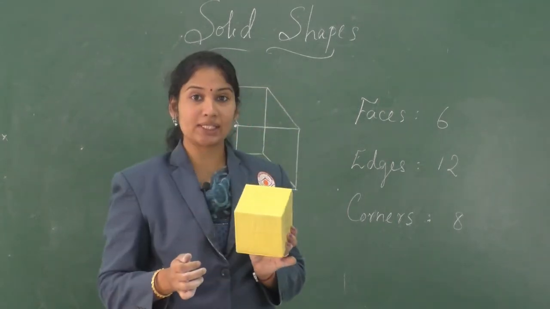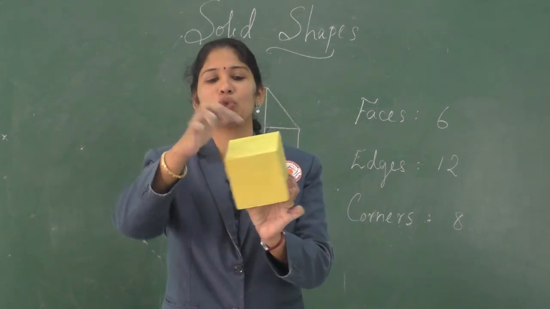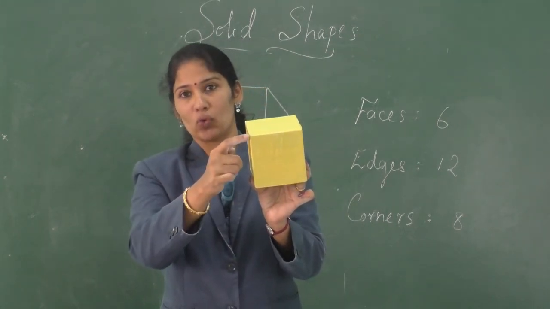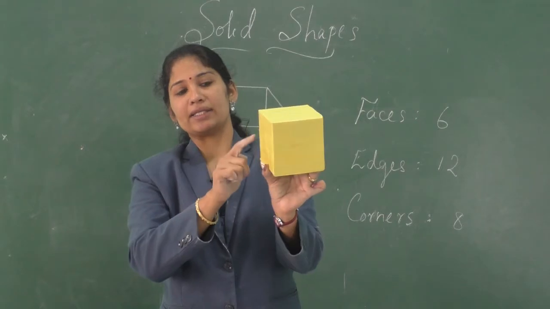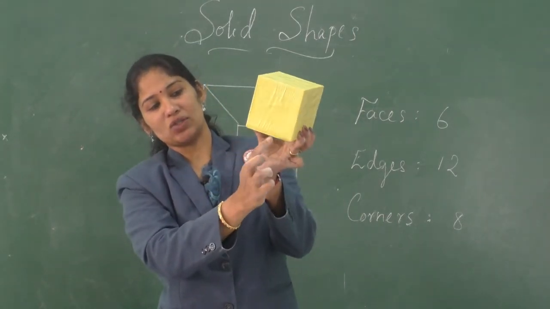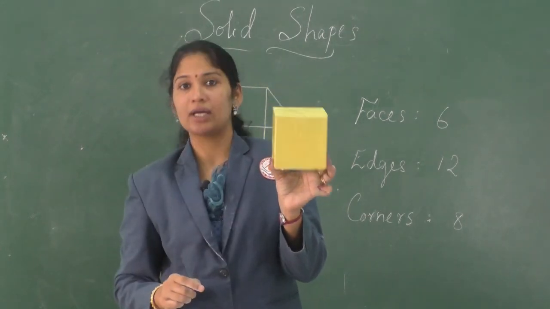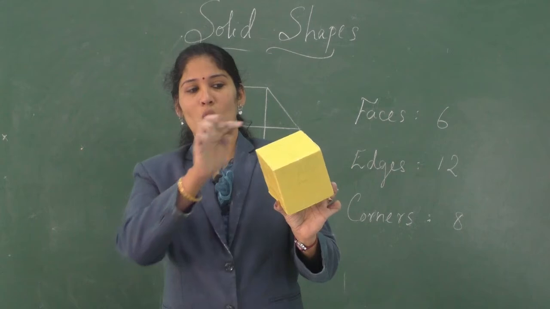And how many edges are there? We'll count 1, 2, 3, 4, 5, 6, 7, 8, 9, 10, 11, 12. 12 edges.